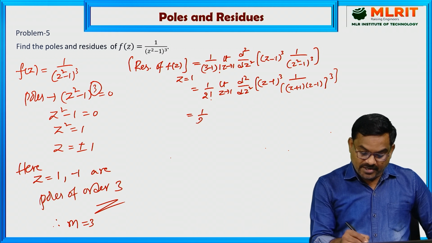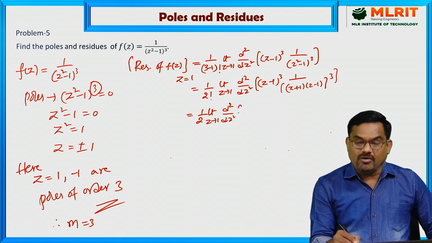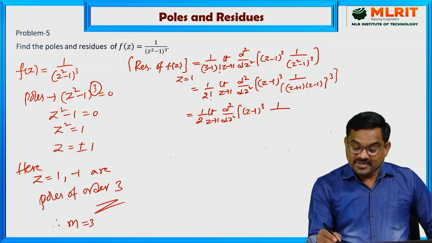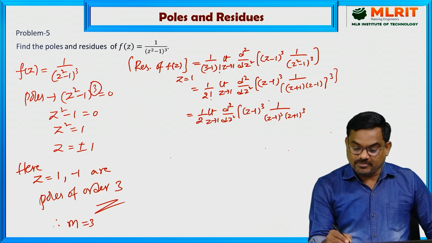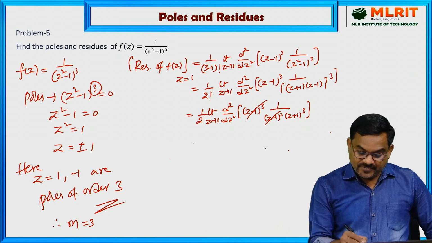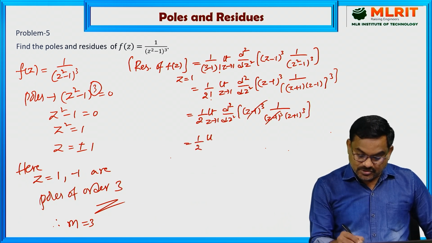So 1 by 2 limit z tends to 1 d square by dz square of (z minus 1) whole cube into 1 by (z minus 1) whole cube into (z plus 1) whole cube. These two get cancelled. So we need to differentiate this 2 times.